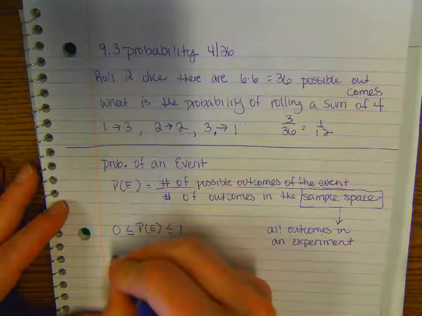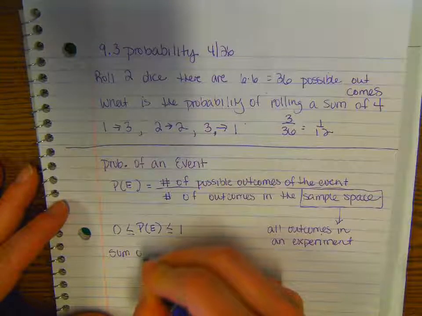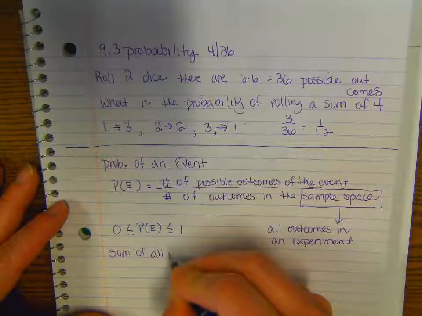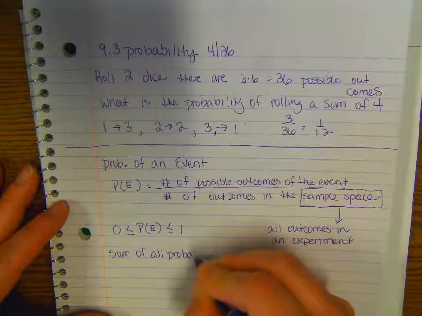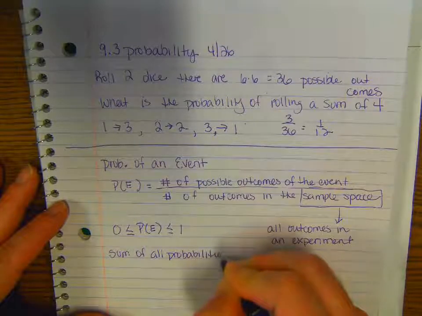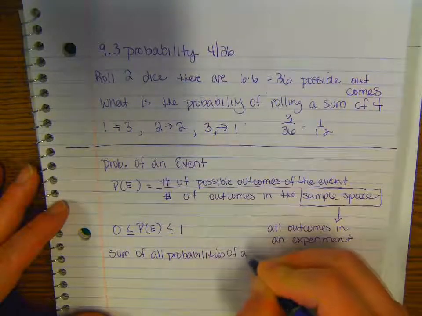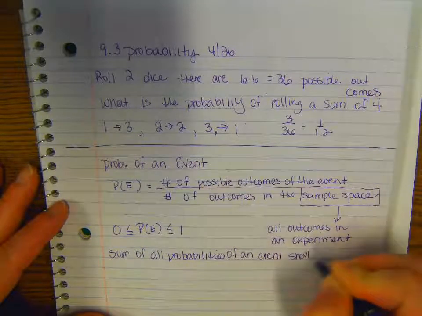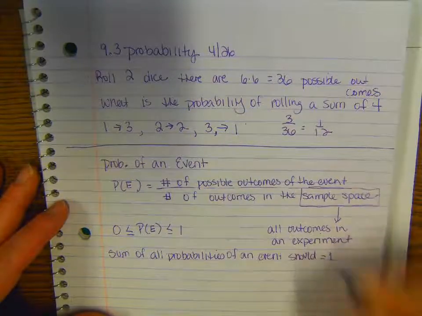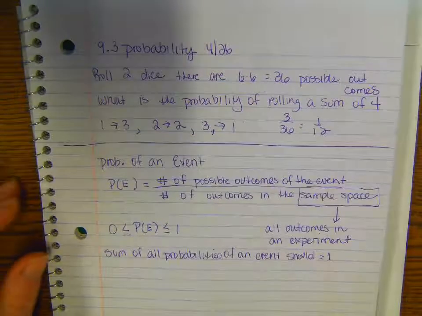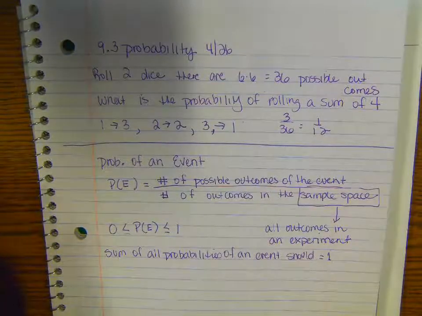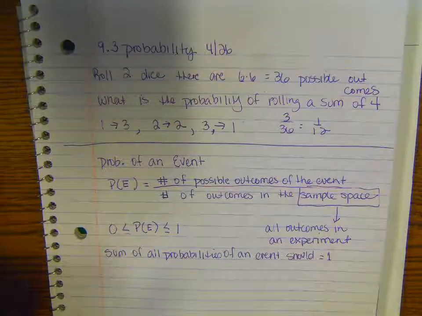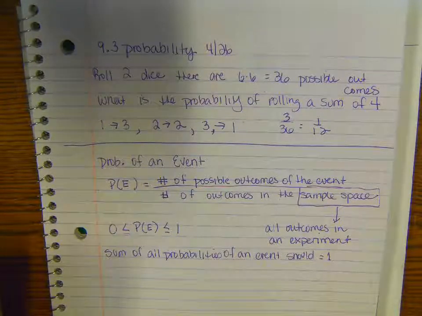Okay, so the sum of all probabilities of an event should equal 1. If they don't, then something's wrong. Then you're missing something, or we would say it's not valid. Okay.